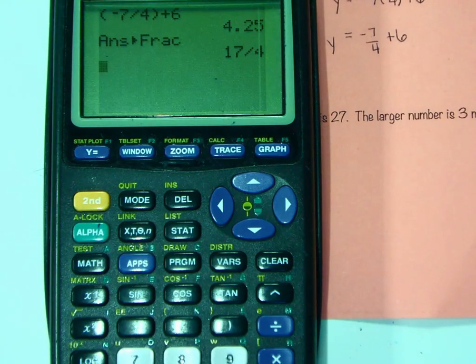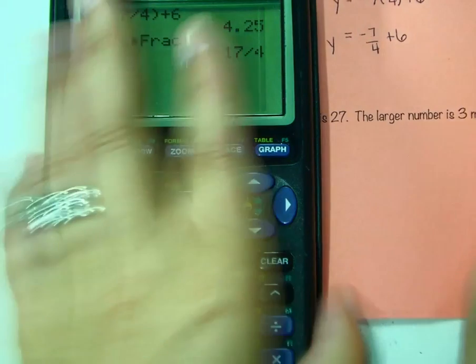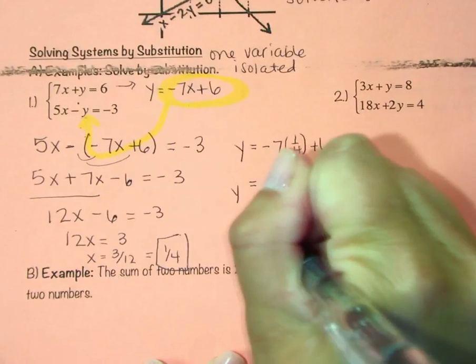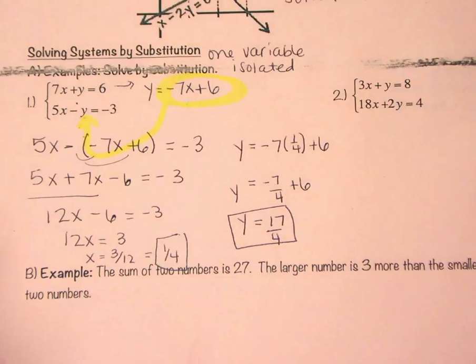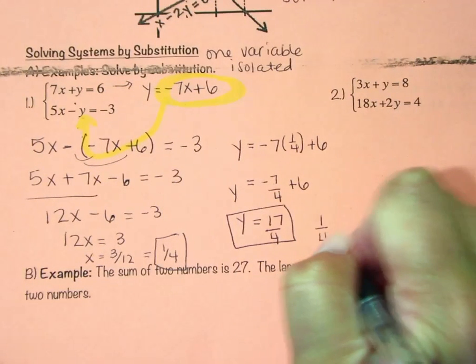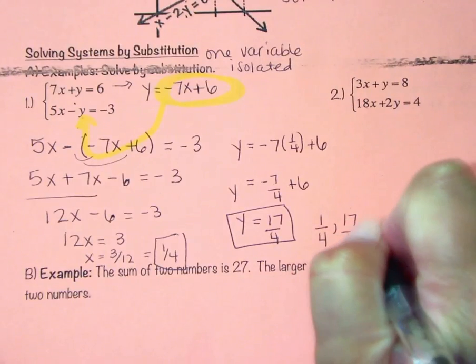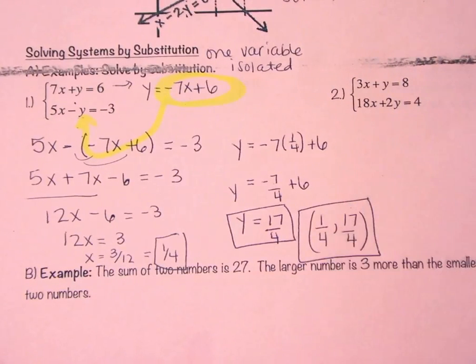Best day of your life in math, math 1. Don't forget it, okay? So right away, we have that beautiful improper fraction of 17 over 4 for our y value. Then all we need to do is take our x and y value and write them as an ordered pair. Cool?